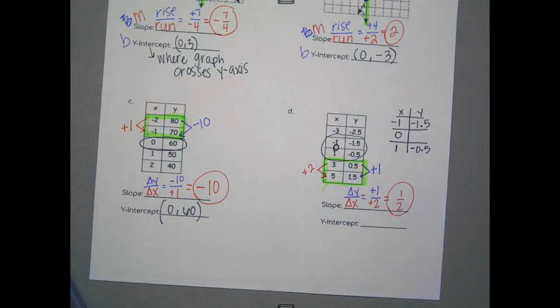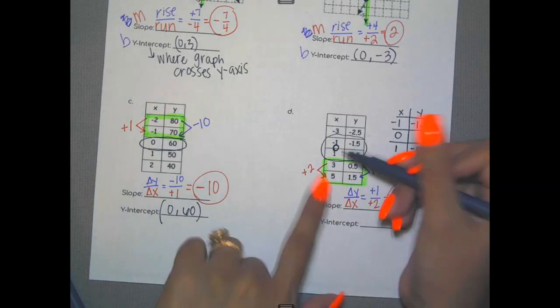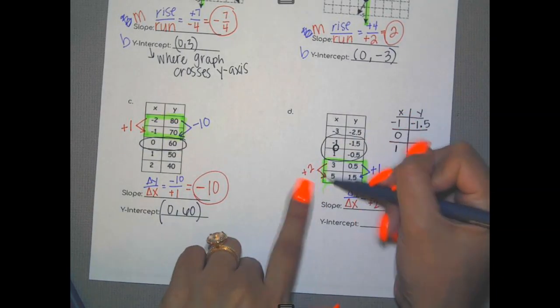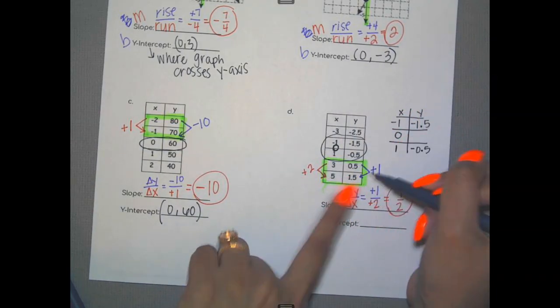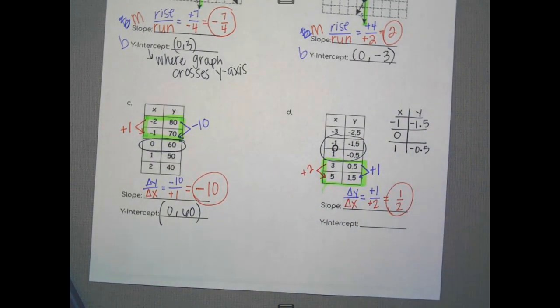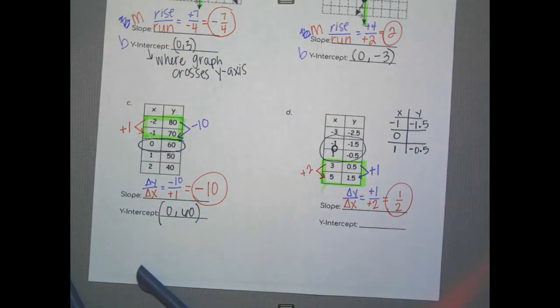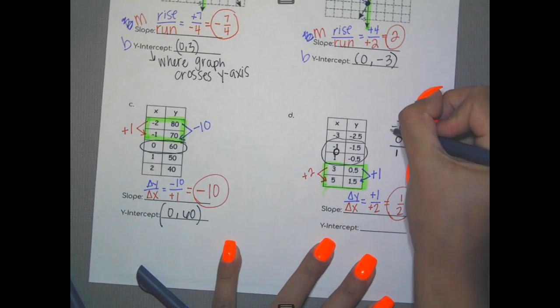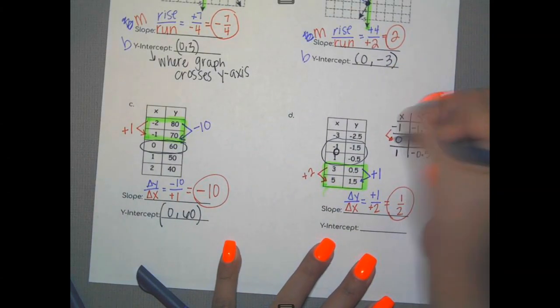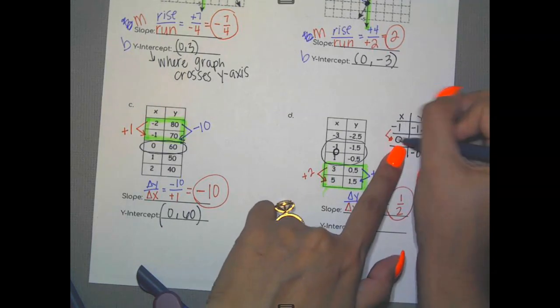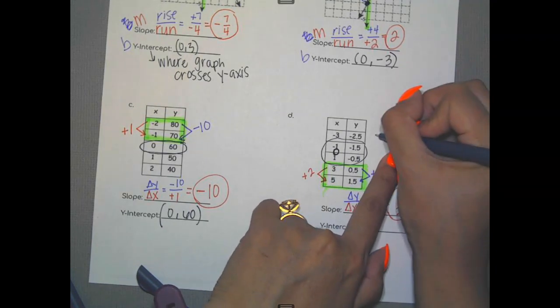Now, when we were finding our slope, when our x's increased by 2, our y's increased by 1. But when I look at this new portion that we made, to find 0, our x's are not going to increase by 2. To go from -1 to 0, they're going to increase by 1.